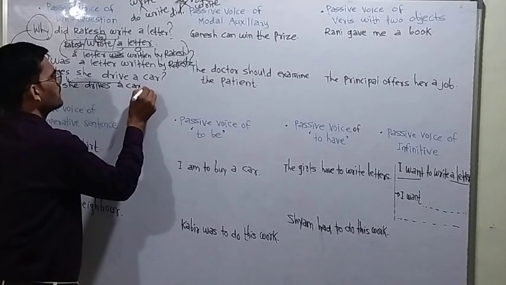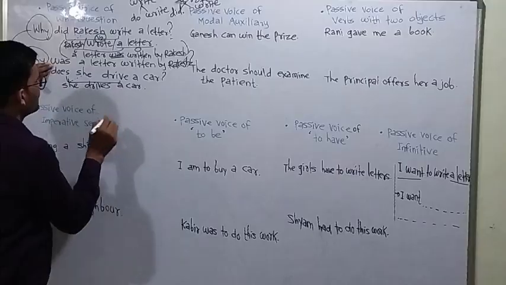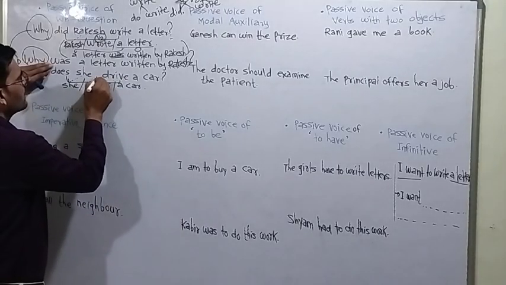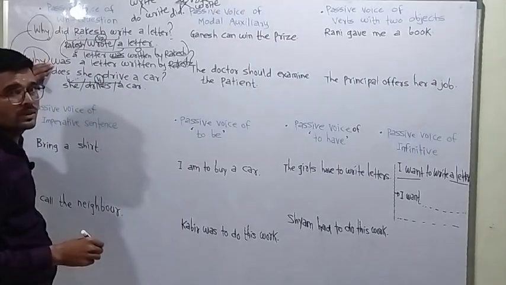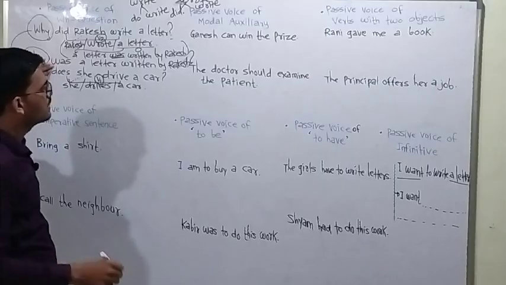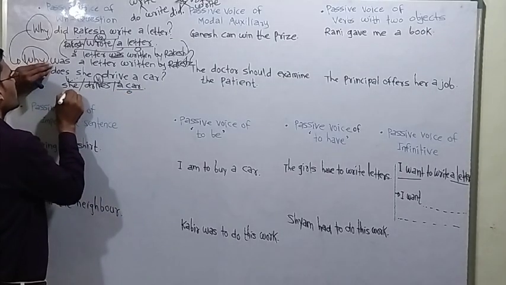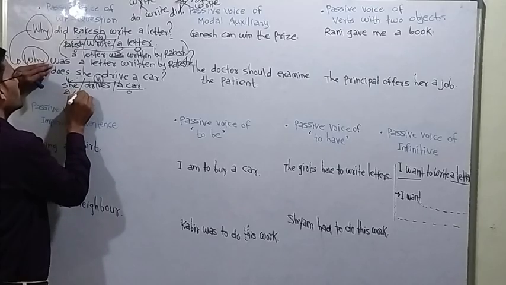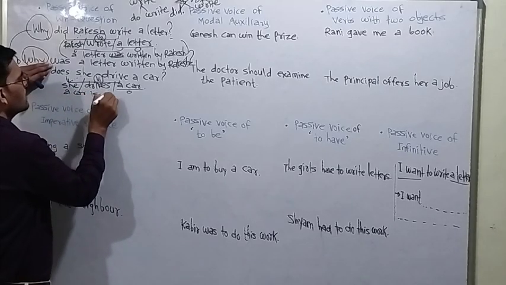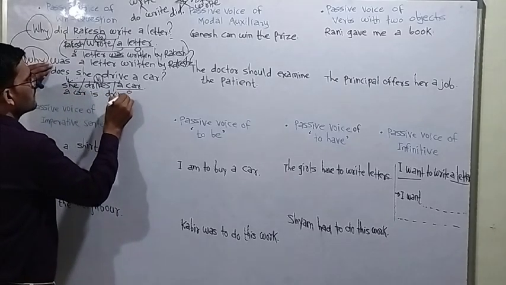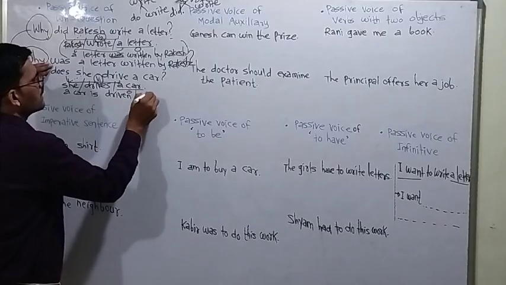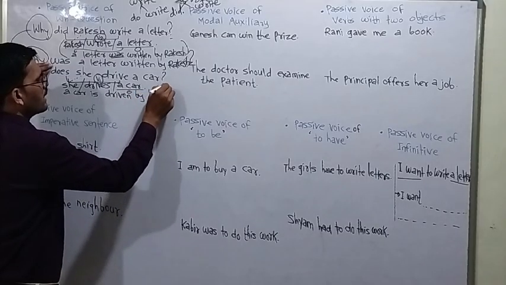That is the method. Drives is V1, simple present. The tense of this sentence is simple present. So a car is the object. So a car is driven by her. Okay, that is the method.